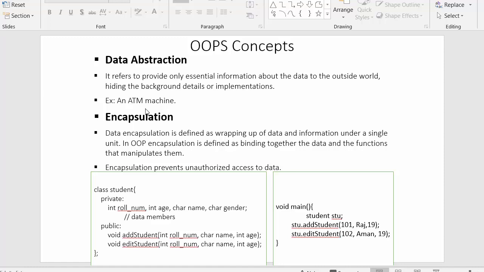When he withdraws money, apart from giving him the information about the amount he has withdrawn, if the ATM also started displaying the information of his loan, how many installments he has paid, or how many installments he has to pay in future, that is not at all required, right?